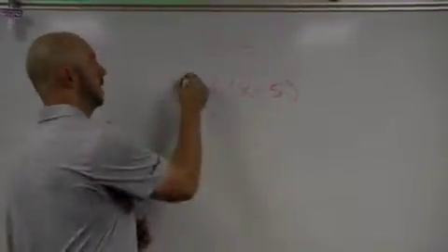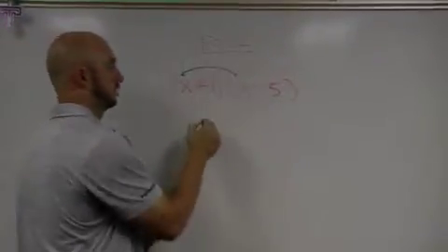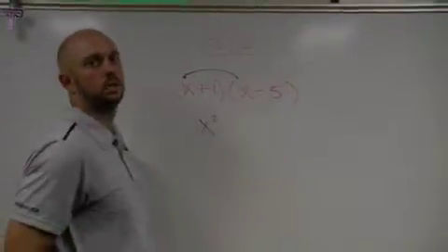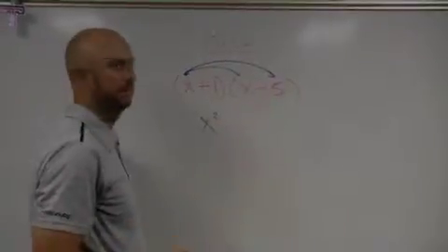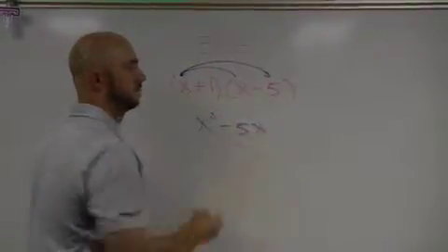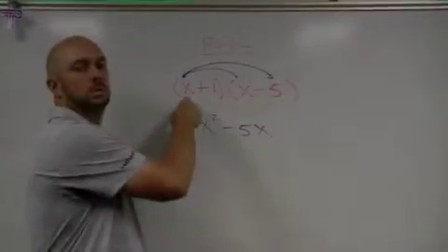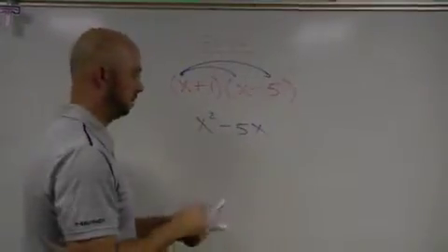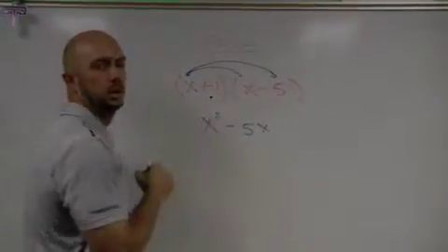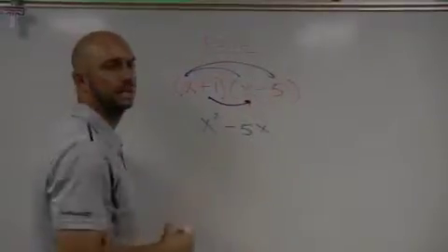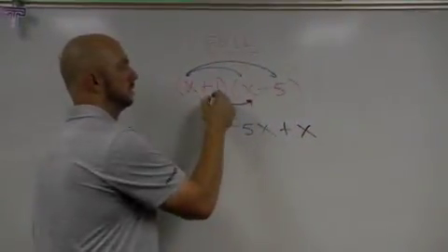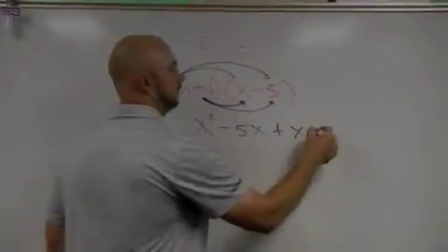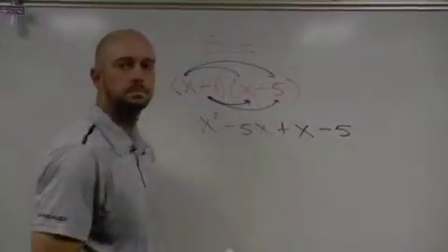We're going to take the x, multiply it to the x, x squared. We're going to take the x again and multiply it to the negative 5, negative 5x. We're done with this term. I'm going to take out a little purple pen. We're going to take the 1, multiply by the x. Okay, 1x. Positive 1 times negative 5. Awesome.